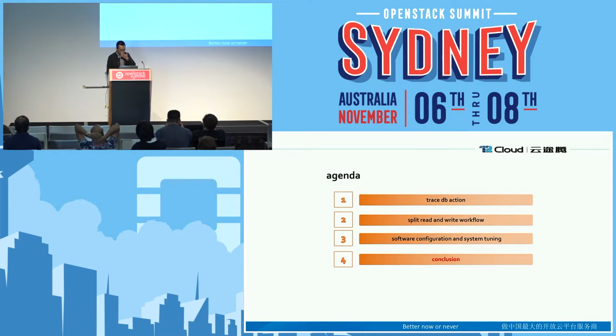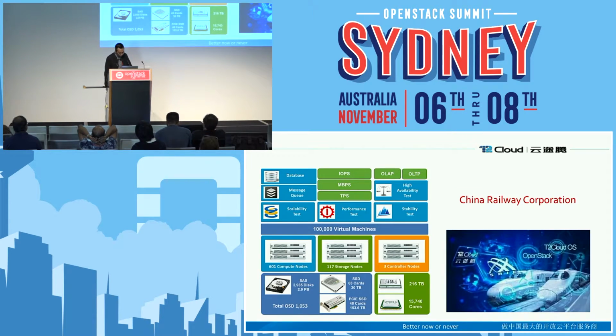Okay, that's the last part of this PowerPoint. Based on the fine-tuning, we have successfully passed the stress testing in our project for China Railway Corporation. You can see from this picture, we performed the test based on three controller nodes and over 600 compute nodes and about 100 storage nodes.